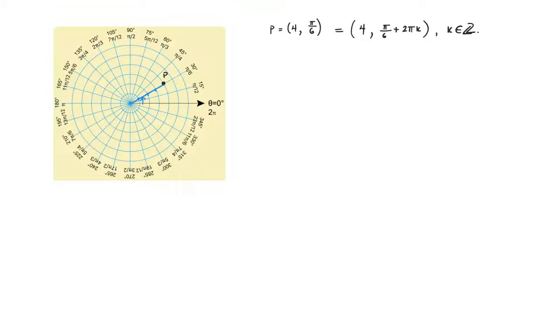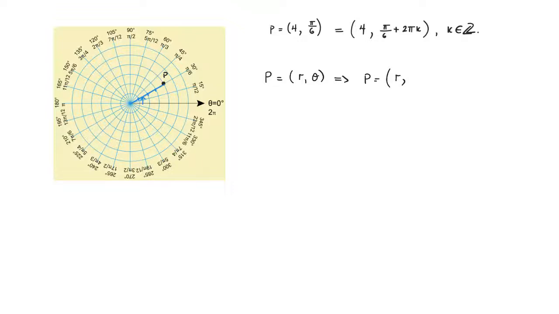That means in the general case, if we pick a point P with polar coordinates r comma theta, then the other representations of point P are going to be r, which doesn't change, right? r represents the distance from the point to the pole. That distance is always the same.